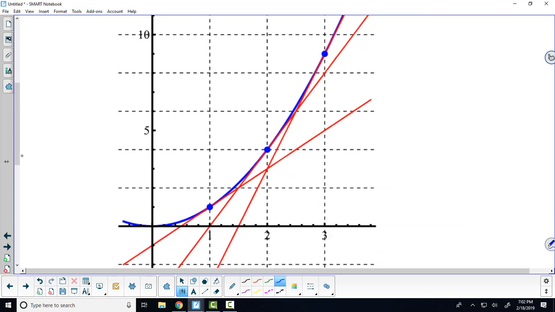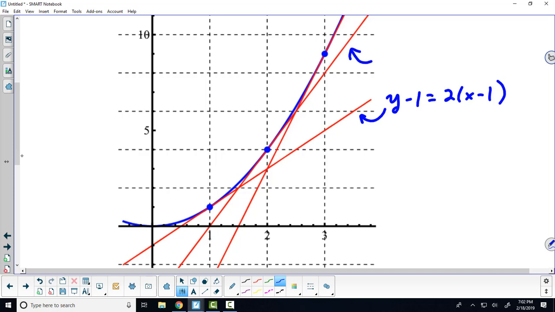Okay? Folks, we're a little bit behind here, so I'll go ahead and just give you these equations. I'll give them to you in point-slope form. So this was y minus 1 is equal to 2 times x minus 1. This was the one that we just found, the equation of the tangent line when x was 1.